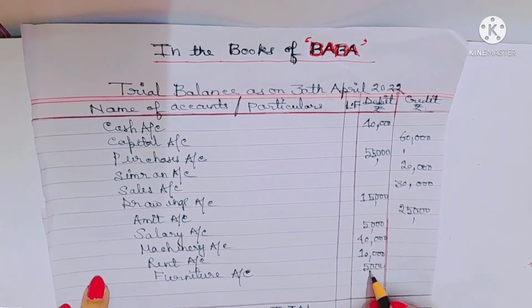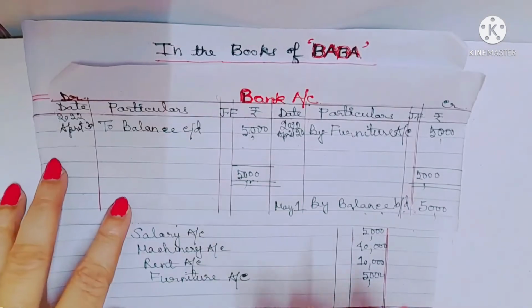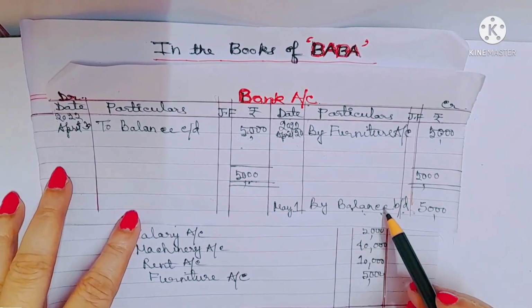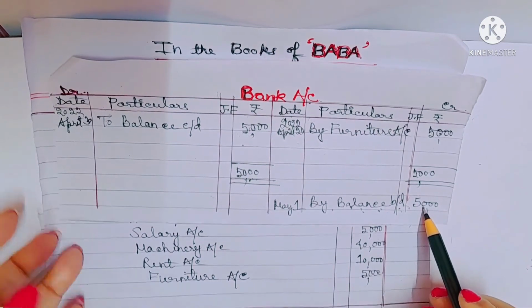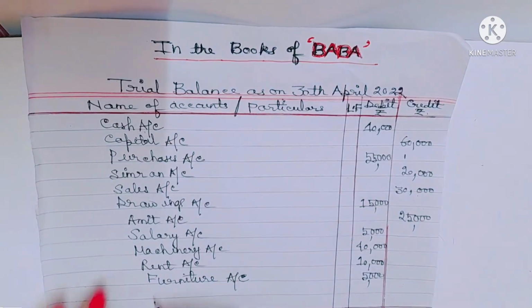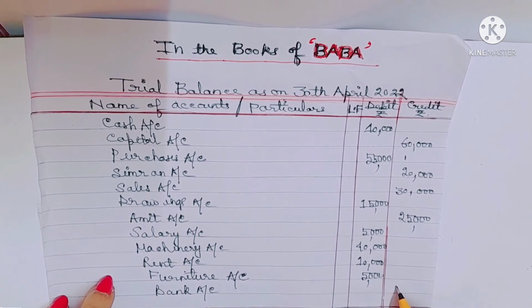Last is the bank account. It's written under credit, by balance BD 5,000. So bank account is a credit balance of 5,000.